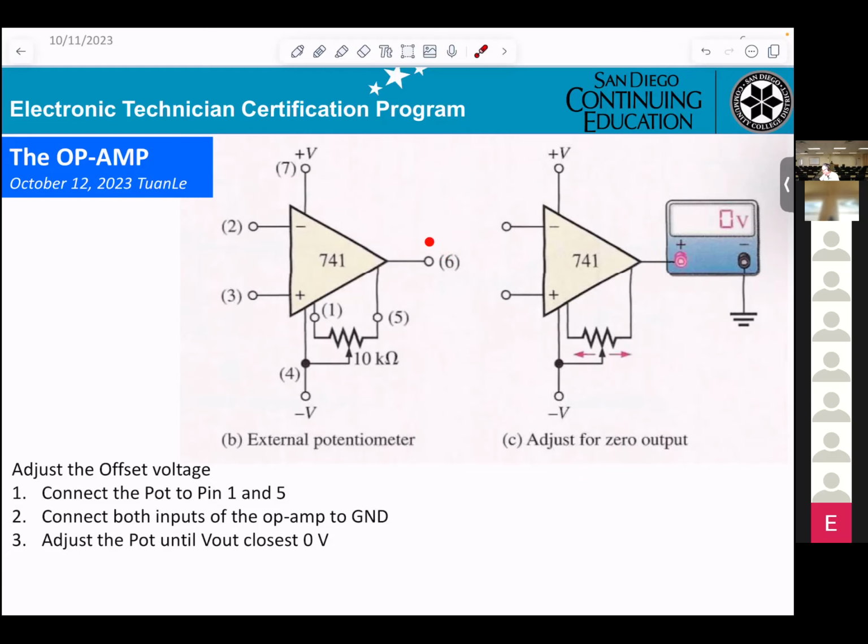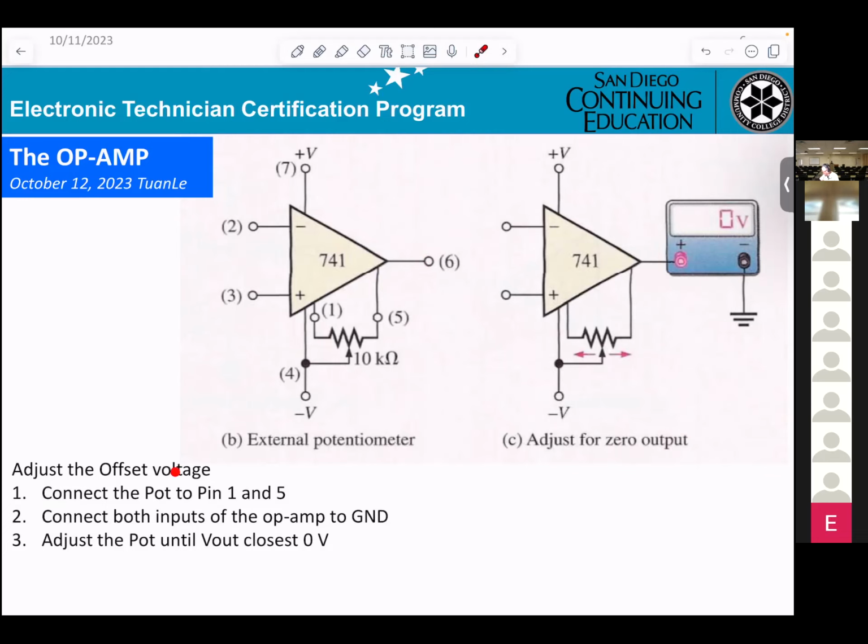That's what we're talking about, offset output. Now, in order to make sure that whenever you get input 0 here, the output is supposed to be 0, that's why they use the potentiometer. And you connect it exactly like that, and you try to adjust the output to 0. That's what they're talking about: adjust for 0 volt output.